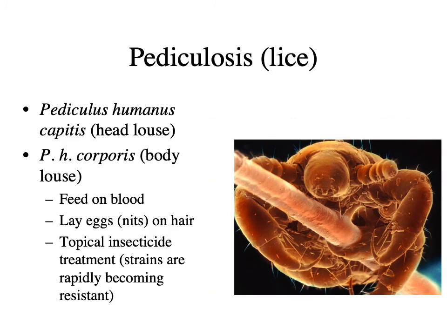Lice. Lice can come on the head or body. I think that this is such an interesting insect. It is a bloodsucker. People tend to not like it because it's a bloodsucker. But it can be really hard to get rid of these because look at it. It's got these little hair hooks that allow it to grip onto hair.